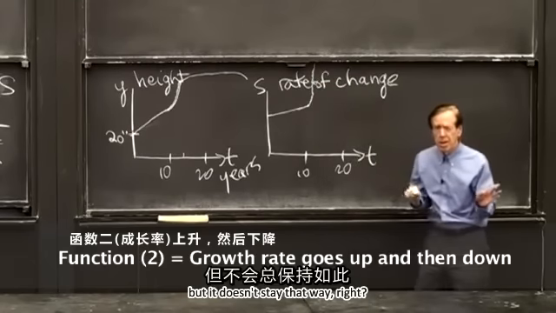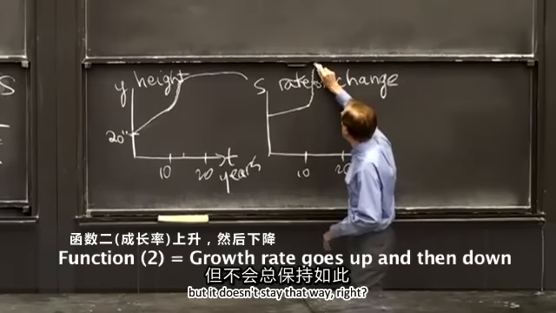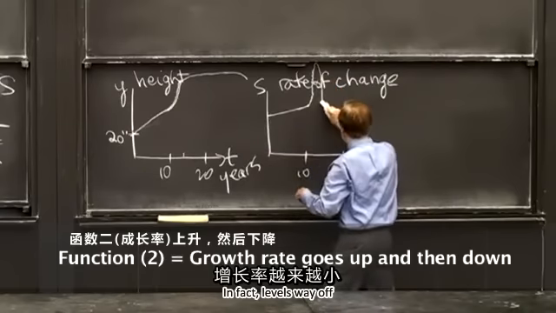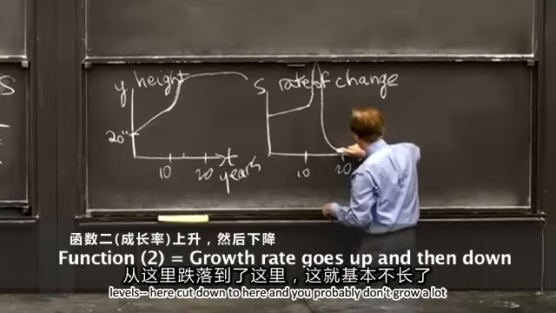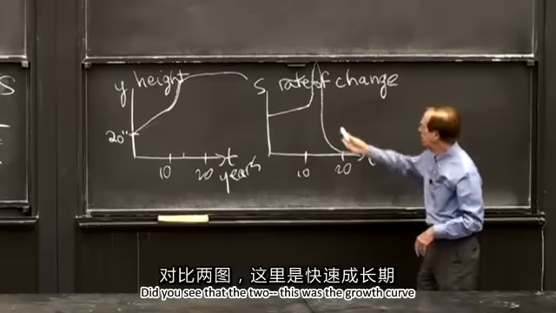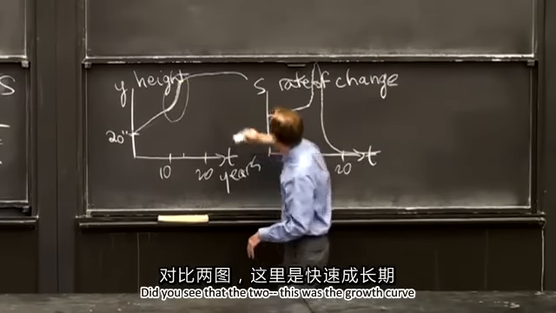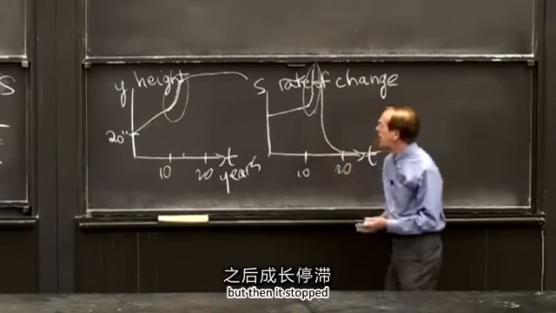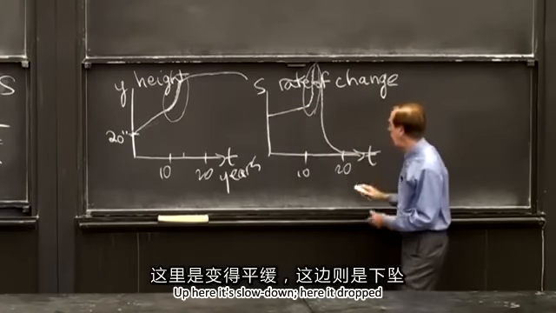Suddenly your rate of growth takes off. But it doesn't stay that way. Your rate of growth levels off, in fact levels way off. You come down to here and you probably don't grow a lot. Do you see the two? This was the growth curve. This was the fast growth. But then it slowed down. Here it dropped.